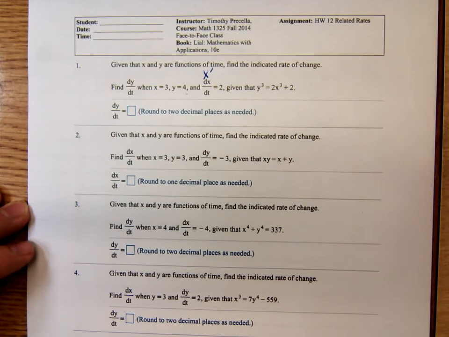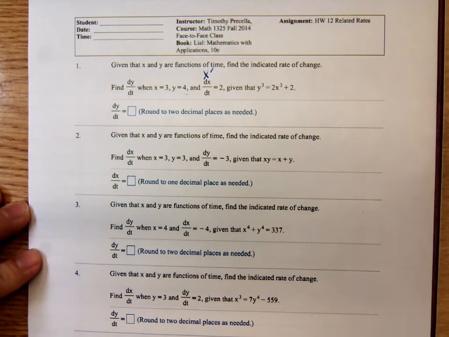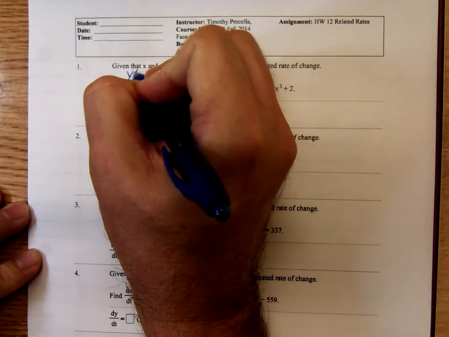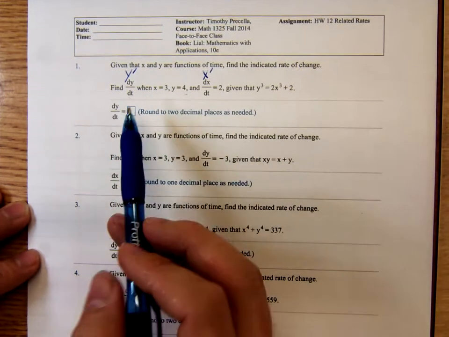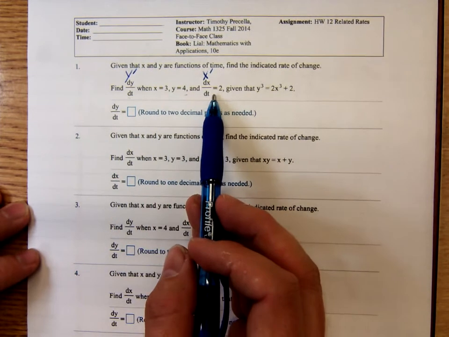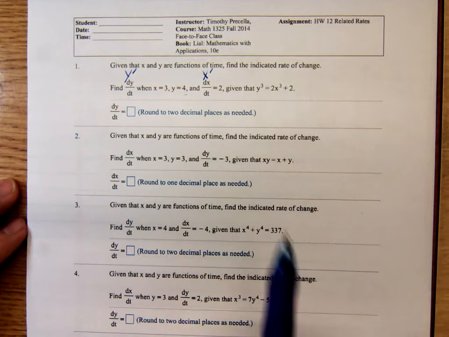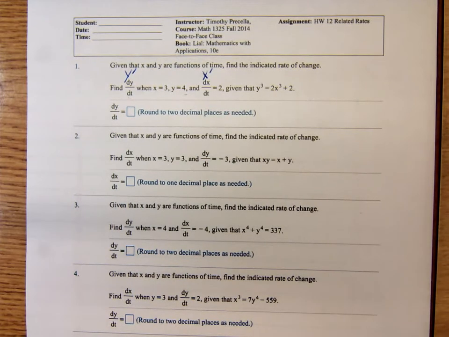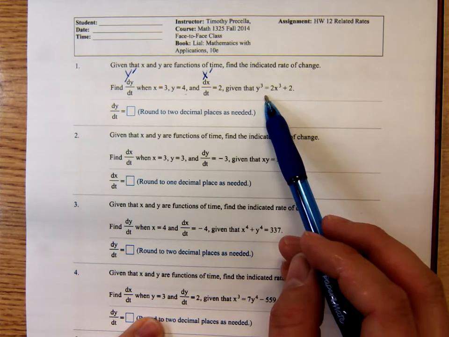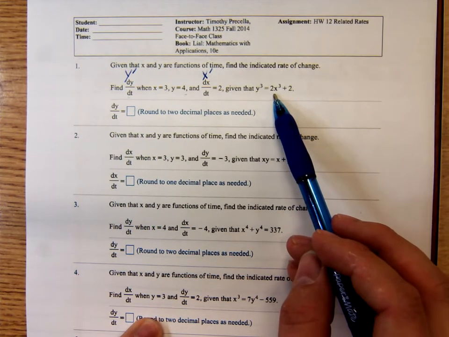And every time you differentiate a y variable, you'll be picking up a y prime, which is a dy/dt. So they want us to find y prime when x is 3 and y is 4, and they're giving us that x prime is 2. Here's the function, y cubed equals 2x cubed plus 2.